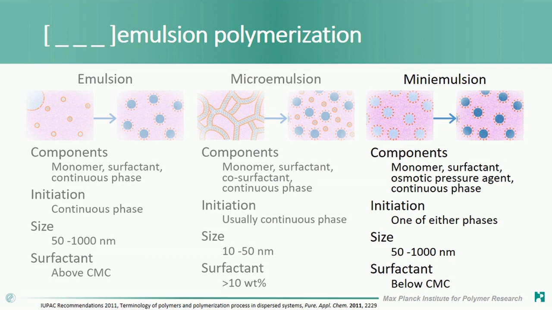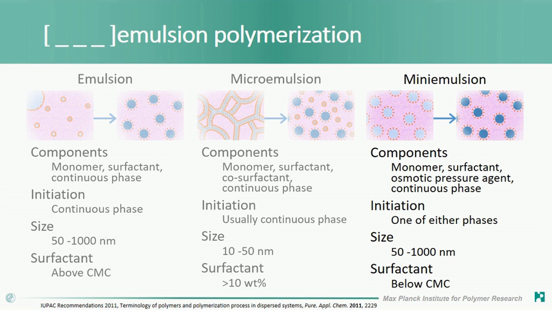Either is as good as the other. It really depends on your system, on the solubility of the monomer in the continuous phase, on the kinetics of the reaction that you want to achieve, and so on. So there are no rules of where to put the initiator, really.